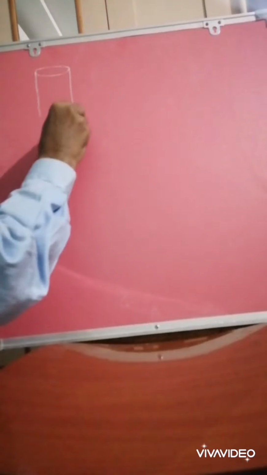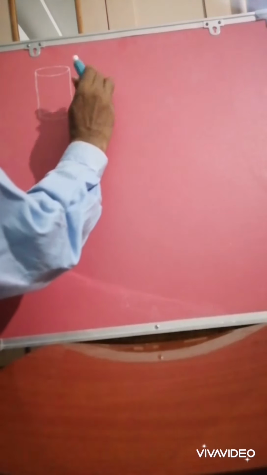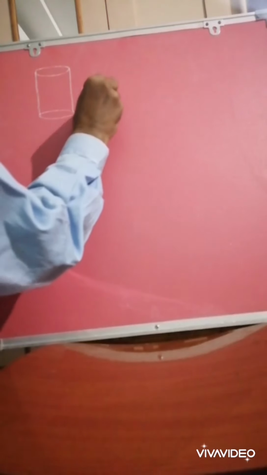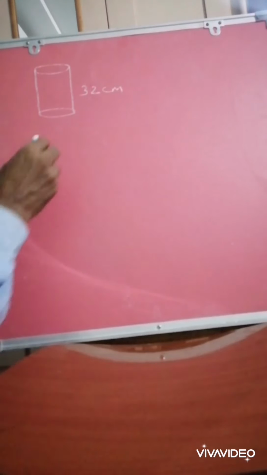Today's first question is: a cylindrical bucket of 32 cm height, its height is 32 cm, having its base radius 18 cm.